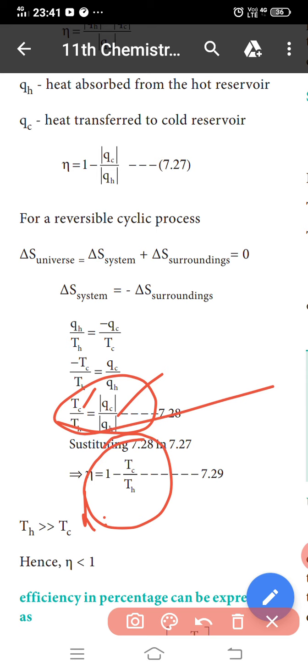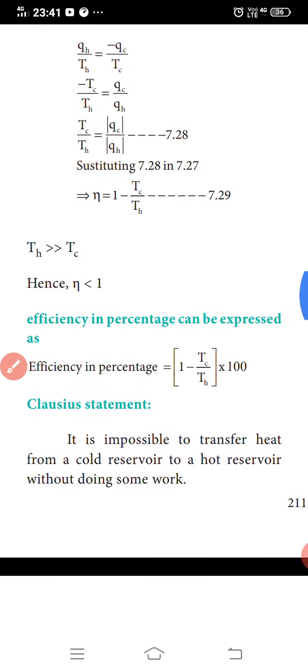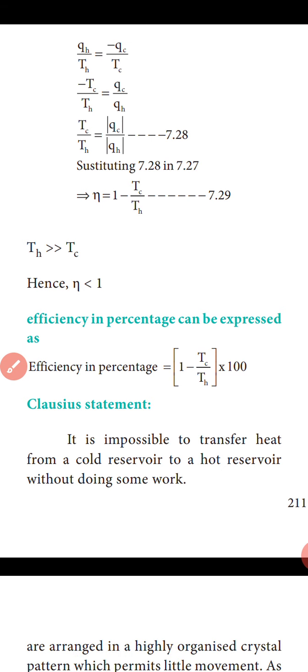So the efficiency in percentage can be expressed as 1 minus TC divided by TH, multiplied by 100. This is the formula for efficiency in percentage.